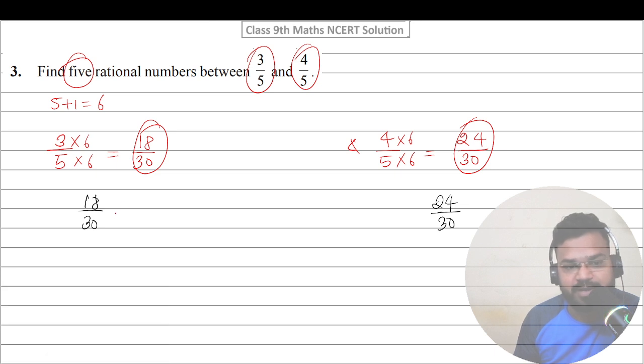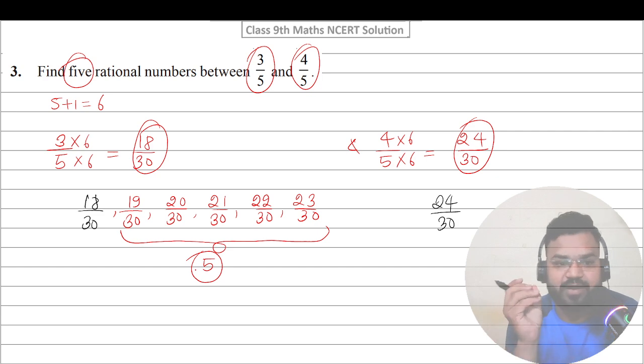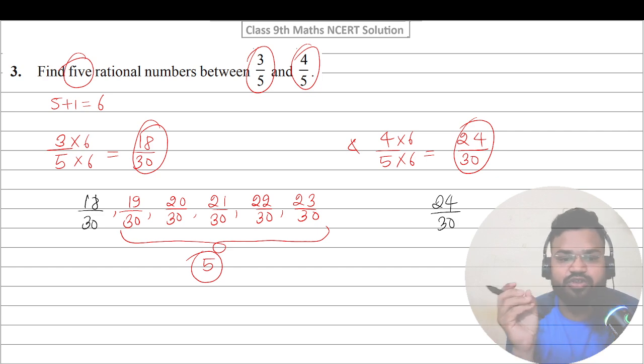5 rational numbers. What? 19 by 30, 20 by 30, 21 by 30, 22 by 30, 23 by 30. So here you can count it. We can insert 5 rational numbers between these two numbers.